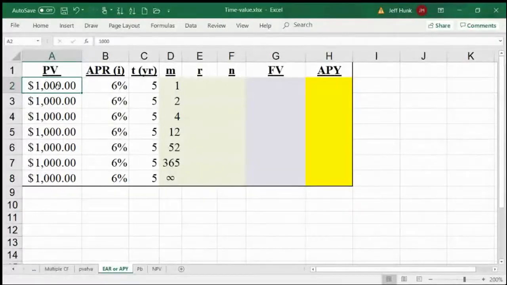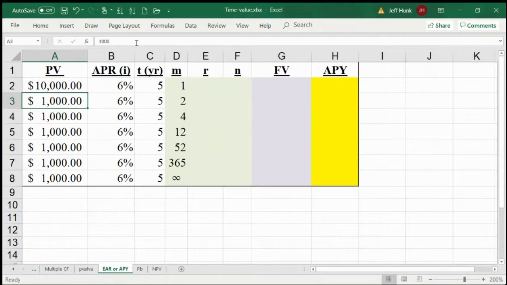Okay, what do you see there? $10,000. Oh, it says 1,000, but let's make it 10,000, just like our example. Let's all make it 10,000 through and through.